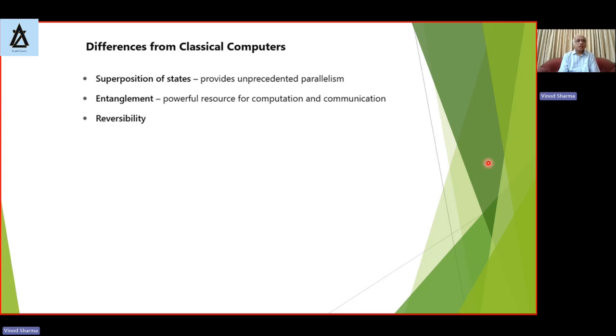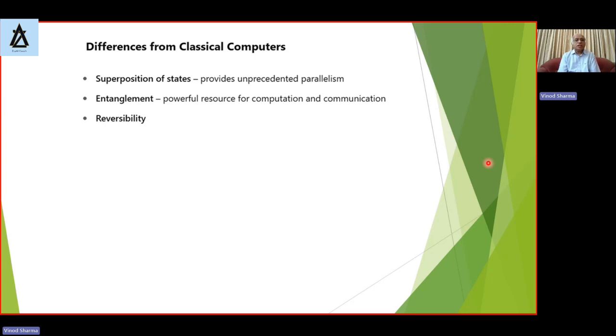In the classical case, to gain n times parallelism, you have to have at least n parallel hardware structures. But in quantum computers, with one hardware, you can have an indefinite amount of parallelism. This is a very important gain that you obtain in quantum computers versus classical computers.